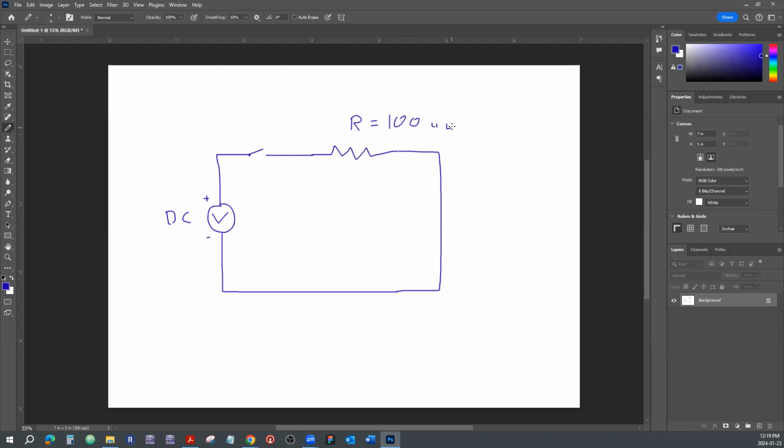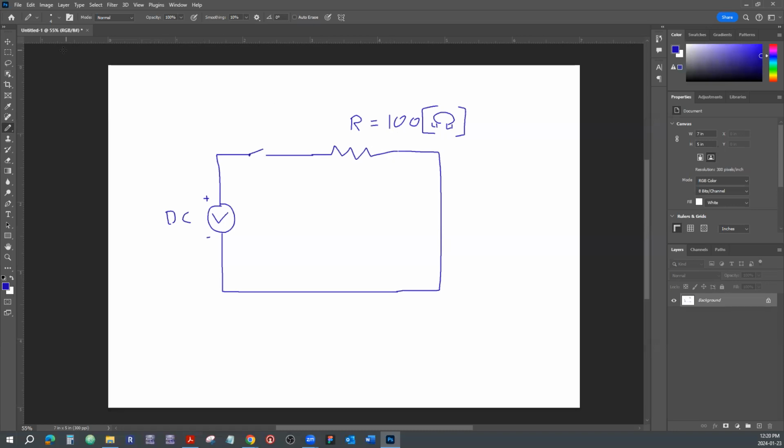That's the omega, and it's always a good idea to put the units in brackets to make things clear. It will help you with more complex equations. So the resistor's value is 100 ohms and we have a DC. You close the switch, the current flows, and the resistor provides a resistance of 100 ohms.